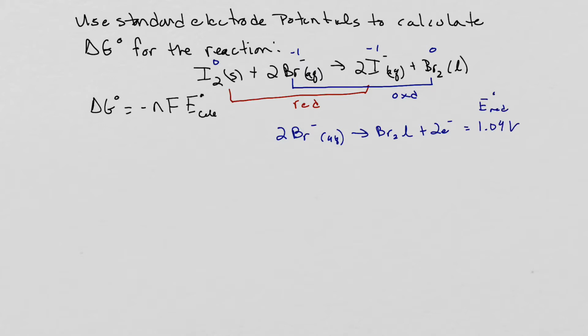These are the reduction potentials. If I write my reduction, my cathode reaction, I have I2 plus 2 electrons goes to 2I minus, and it has a reduction potential of 0.54 volts.